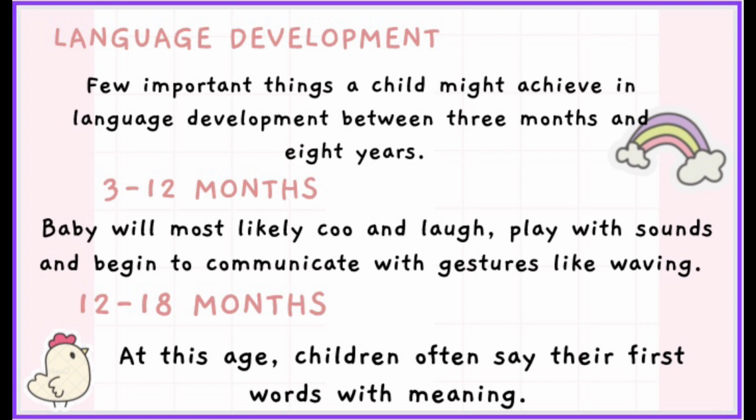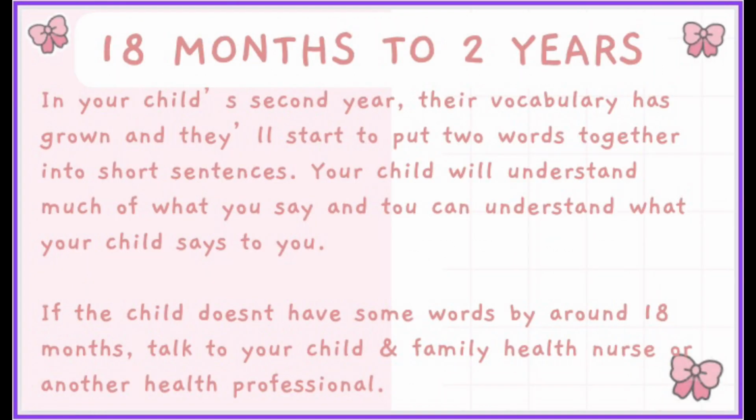Language development. A few important things a child might achieve in language development between 3 months and 8 years. 3 to 12 months, babies will most likely coo and laugh, play with sounds, and begin to communicate with gestures like waving. 12 to 18 months, at this age, children often say their first words. 18 months to 2 years.